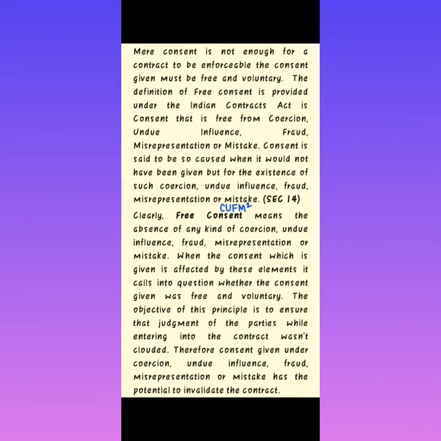Now Section 14 gives the definition of free consent. In the previous lecture I gave you an example of a balloon seller, where a child wanted a red balloon, and when it went to that balloon seller, the balloon seller wanted to sell a green balloon.